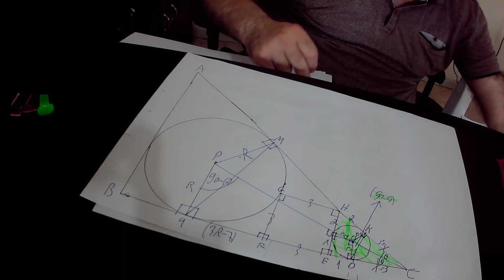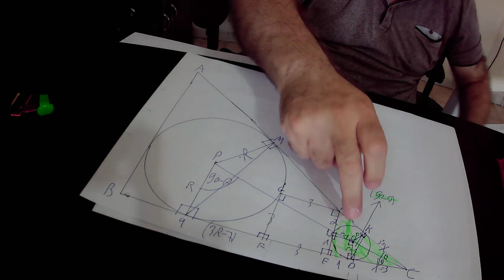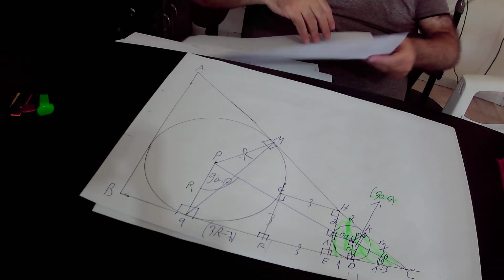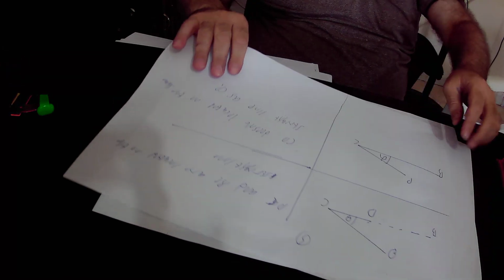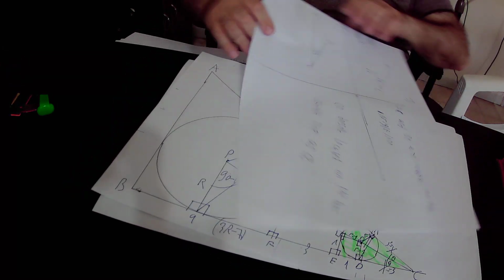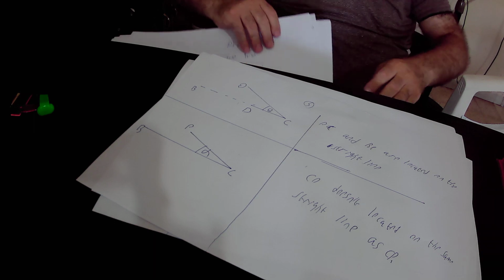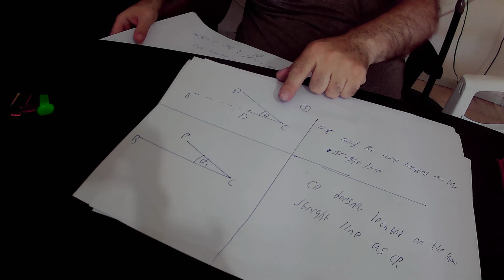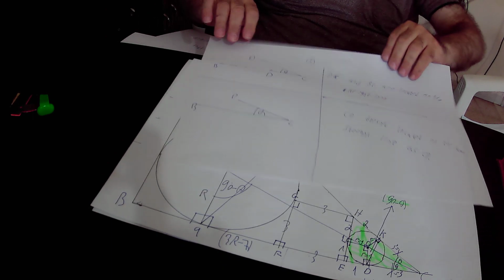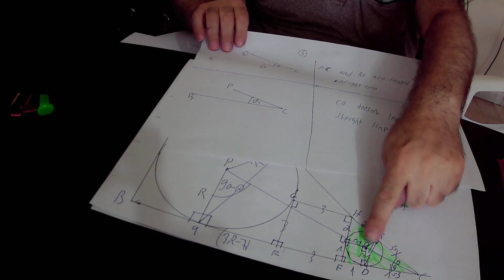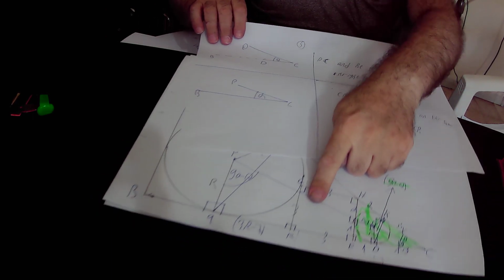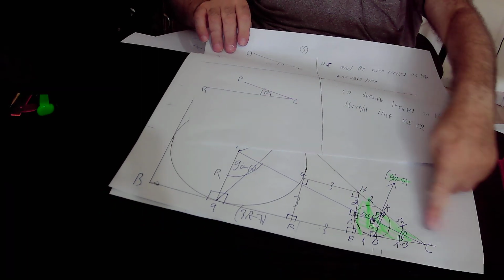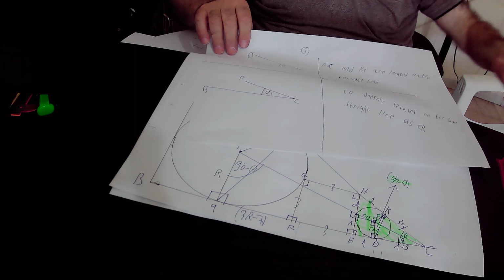According to our assumption, we have here two angles. We have angle OCD that is equal to theta, and it is very easy to see that CD is part of BC.